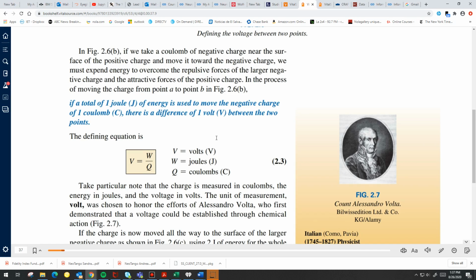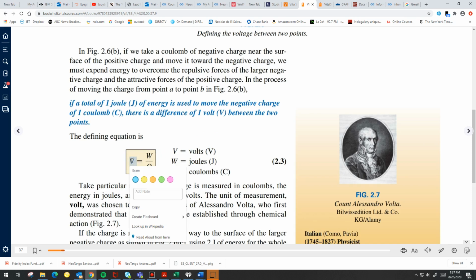For this first course, all the voltages that we're going to see are time-independent. They're constants. When you move into AC analysis, you're going to be looking at time-dependent voltage, and in that case, you're going to see lowercase letters. So for the DC case, we're going to be using capital V to represent voltage.